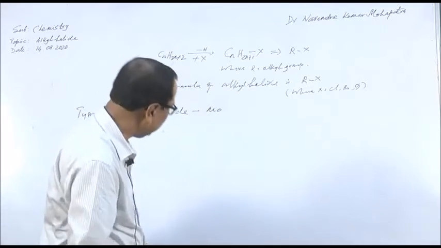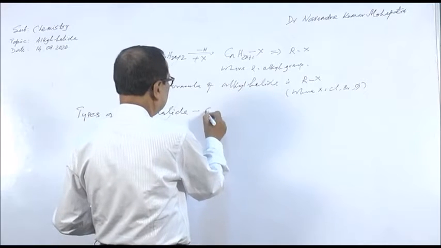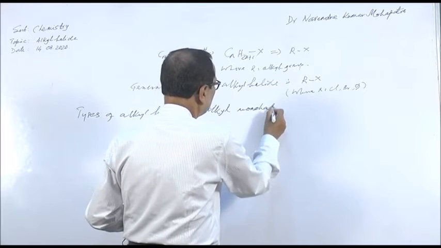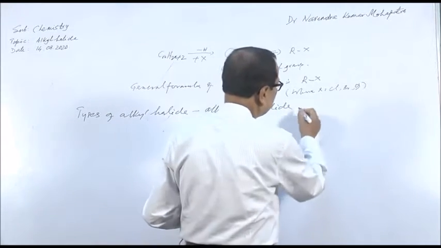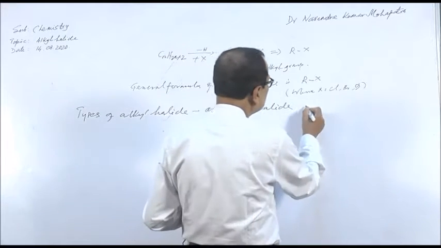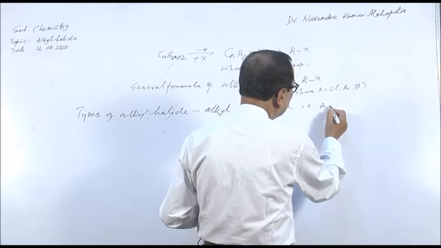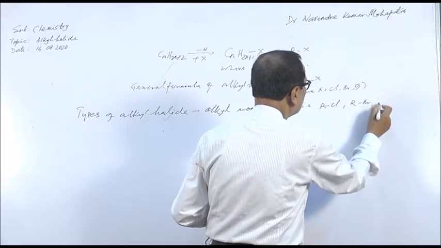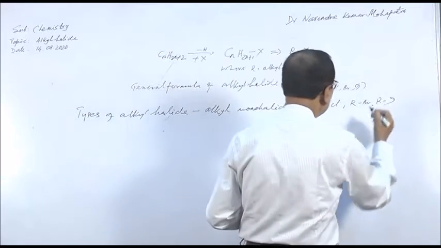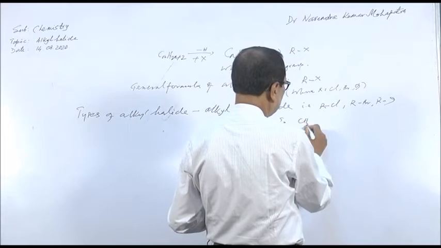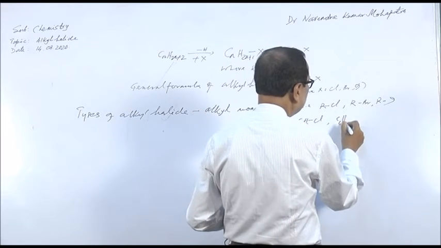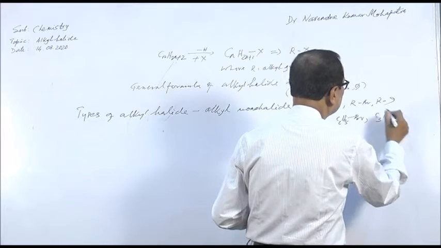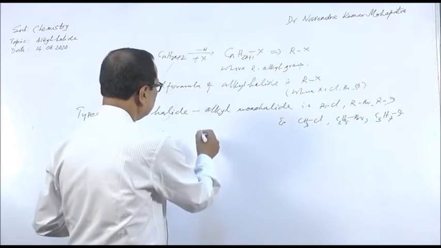Alkyl monohalide is where one of the hydrogen atoms is replaced by one halogen atom, that is RCl or RBr or RI, for example methyl chloride, C2H5Br and C3H7I. So these are monohalides.